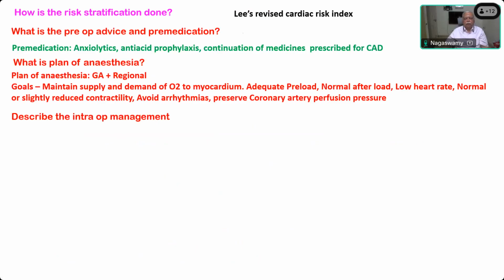That is the simple understanding of ischemic preconditioning. Short spells of ischemia will make the myocardium adapt itself to longer duration of ischemia. So your volatile anesthetic agents are supposed to help in this, what is called ischemic preconditioning, which will help in prolonged ischemia, even if it happens, preventing a full-blown myocardial infarction from occurring.